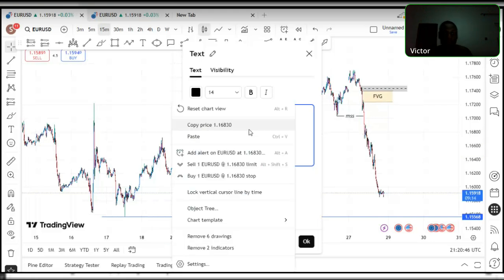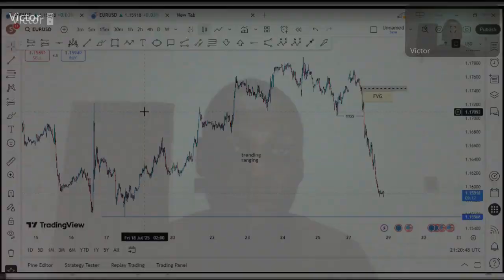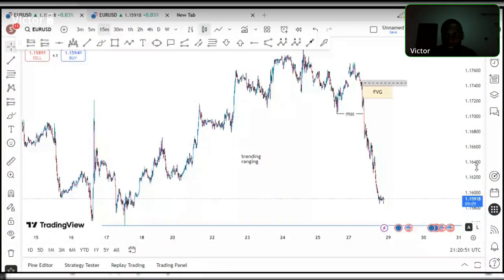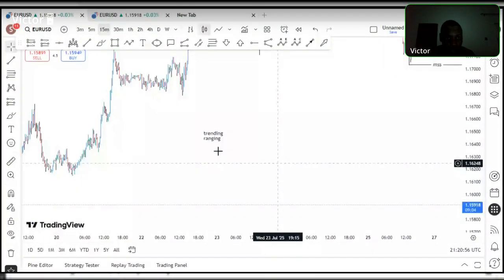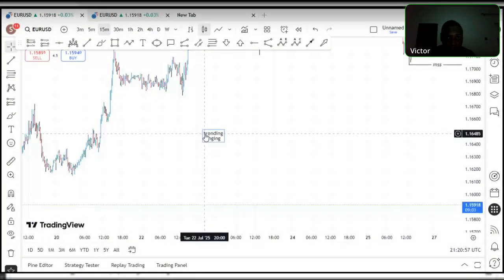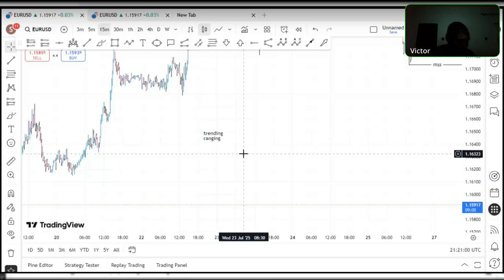Now, these are the two forms of market structure. We have market structure, the two forms. The market can either be trending or ranging. Do you understand that?